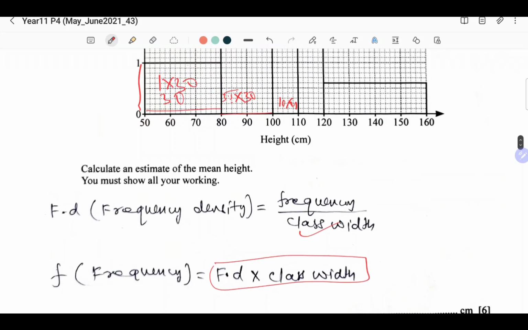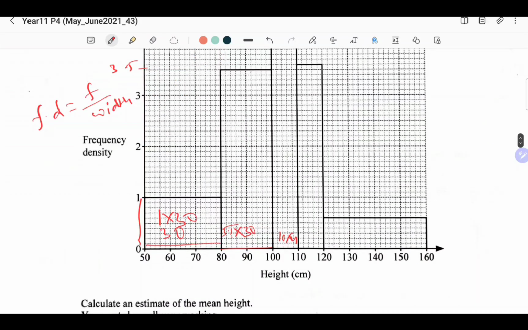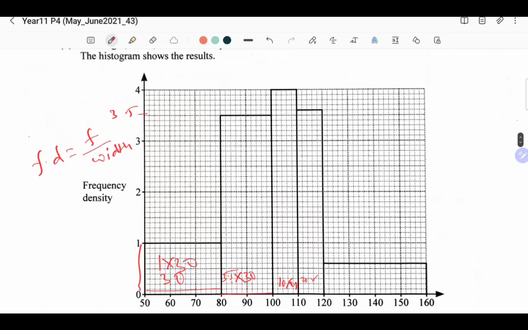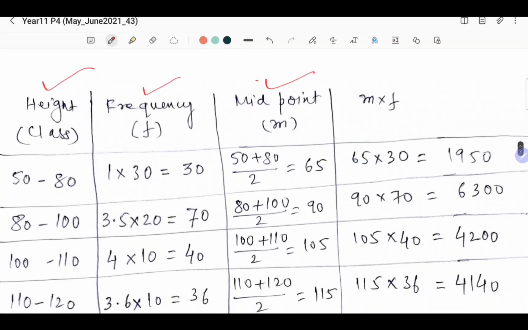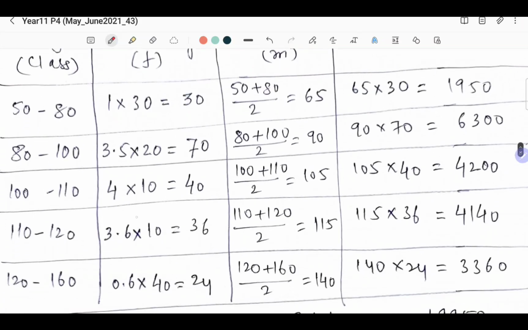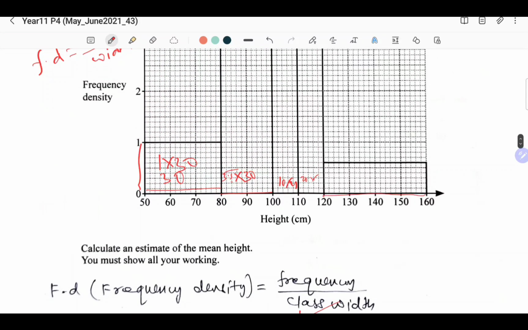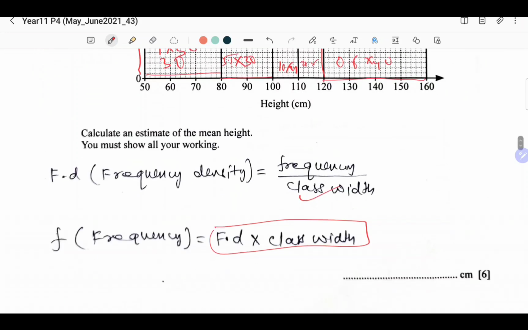So this is 4. Now width is 20 and height is around 3.6. That I have already done here. 4 times 10, 3.6 times 10, 0.6 times 40 here. See, this is a 40 gap and this is 0.6, so 0.6 times 40.